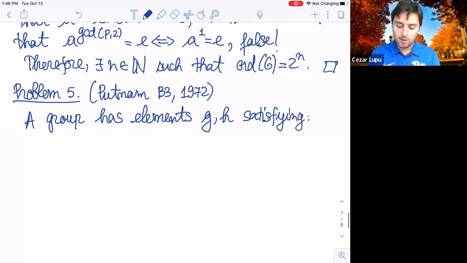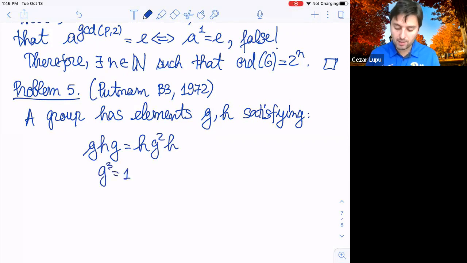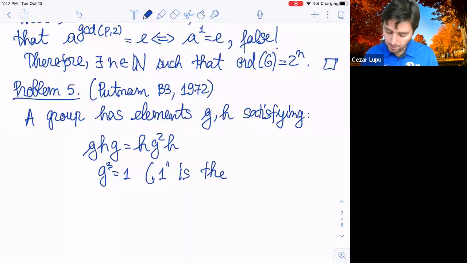GHG, as you can see I don't put the dot there, is the same as H G squared H. G cubed is the identity. I'm going to denote this by 1, so 1 is the identity in the group.